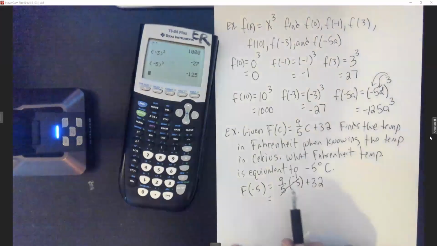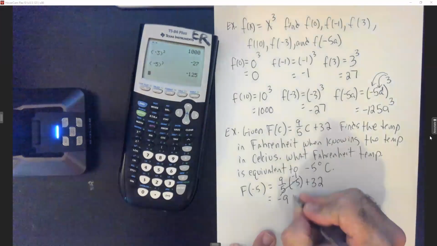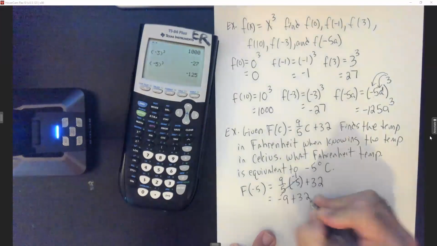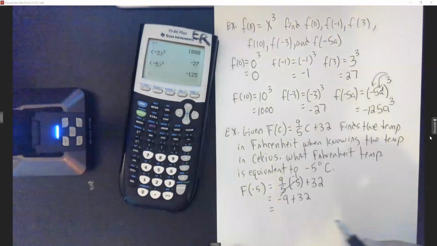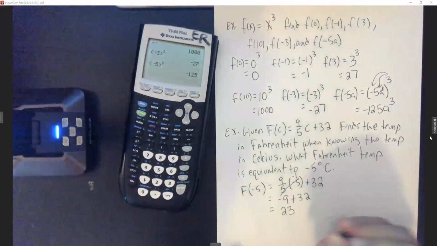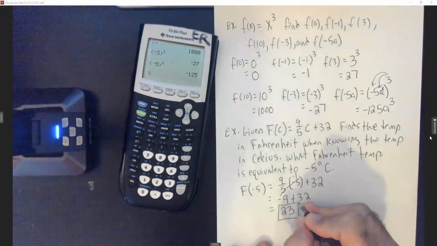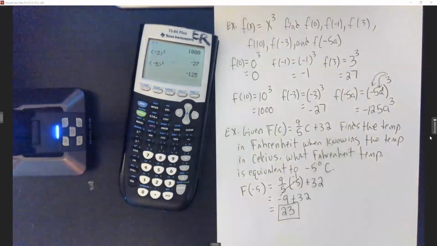So let's see what happens. 9 times -1 is -9 plus 32. And then -9 and 32, unlike signs, so I subtract. 9 from 32 gives me 23. Larger number is positive, so that answer will stay positive. So let's see.